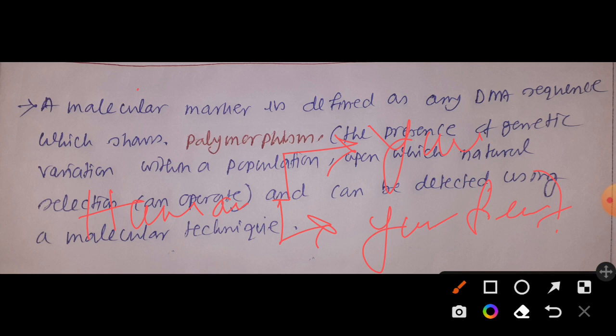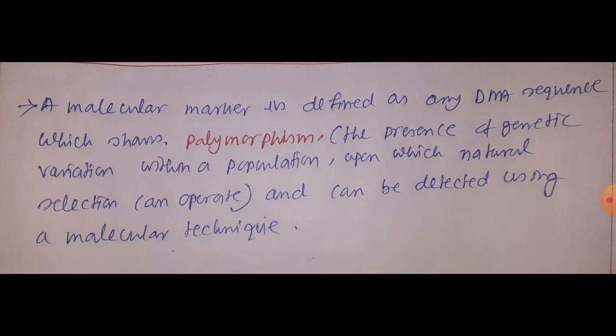So for distinguishing between two humans, or between two organisms of the same species, we use molecular markers. These molecular markers are used for a variety of purposes.